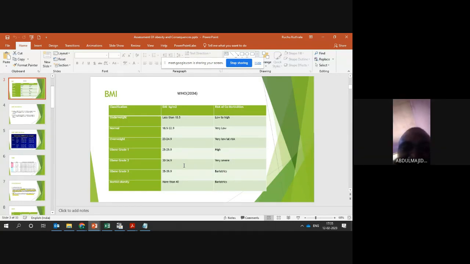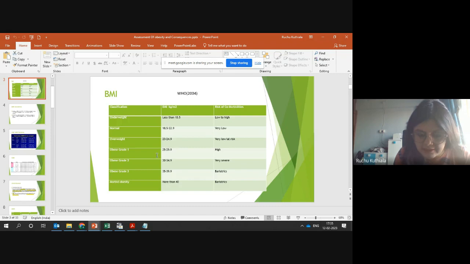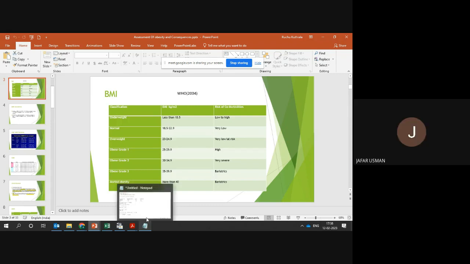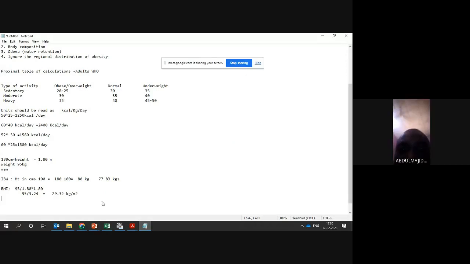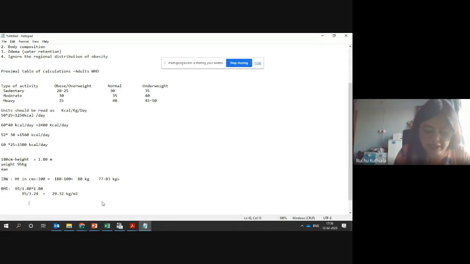I don't see the table. Obese grade 1. Yes, correct. So you can see here, 29.32 means here, obese grade 1. So this client of mine is coming under the category obese grade 1.